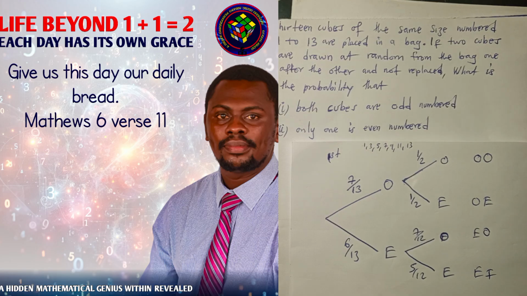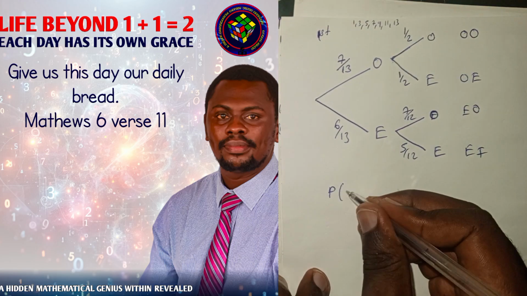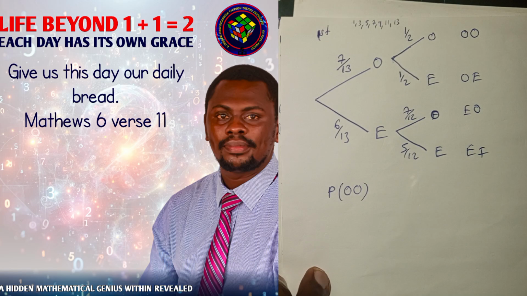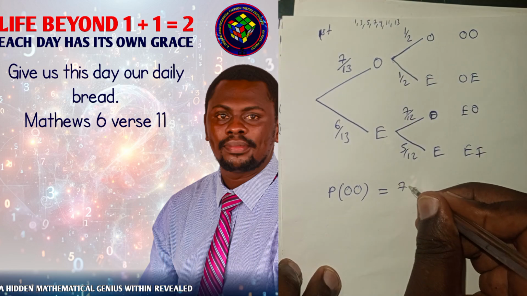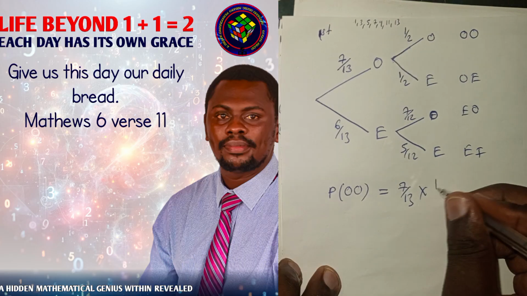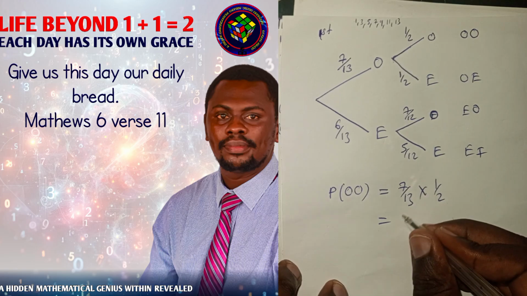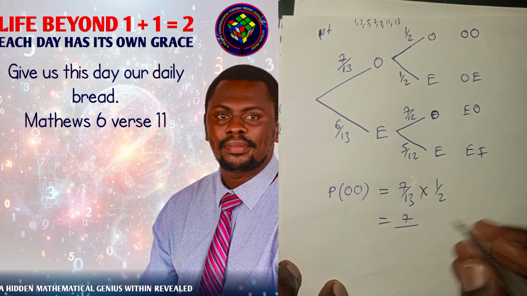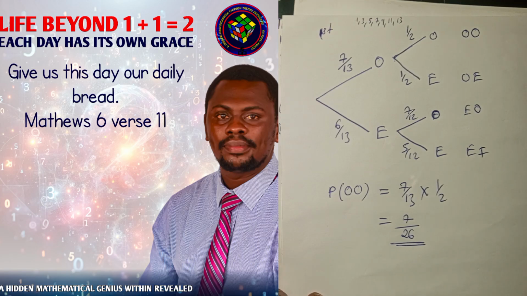So we want to solve for P of OO, that is odd and odd. So the first odd number, the probability there is 7 over 13 times the second one is 1 over 2. So you multiply the two fractions. So 7 multiplied by 1 is 7, over 13 multiplied by 2, you get 26. So it's 7 over 26.